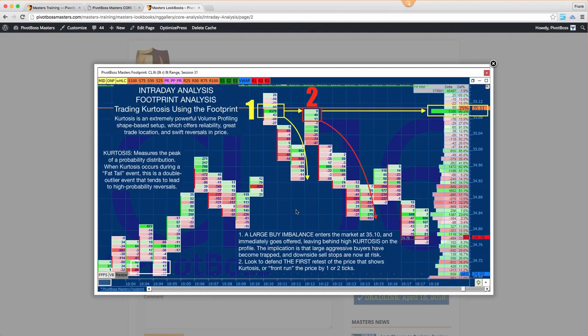All right, trading kurtosis using the footprint. Again, many of you are familiar with this opportunity here. This was a fantastic trade that happened in the footprint based off of crude oil, a big time push up, a major 5,000 contract imbalance.